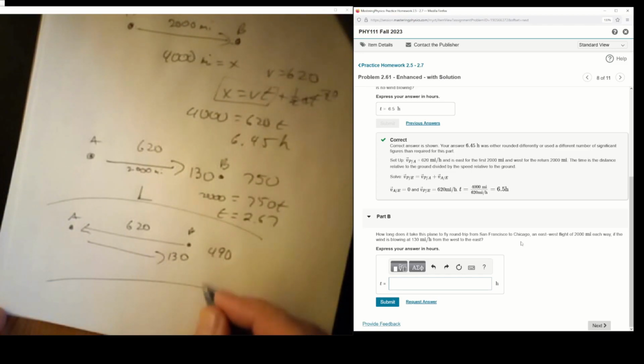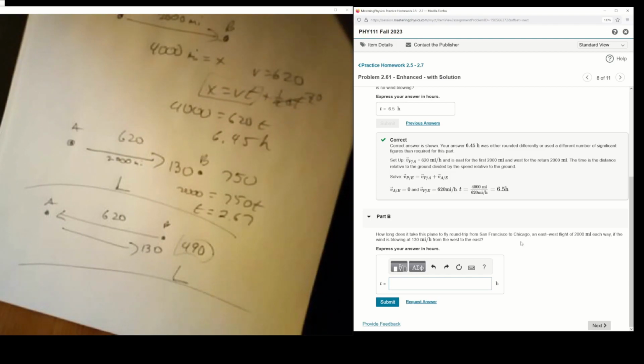So standing on Earth, put our coordinate system, this will look like 490 to us as a speed. And same distance, 2,000. And add those two times together to get the round trip time.